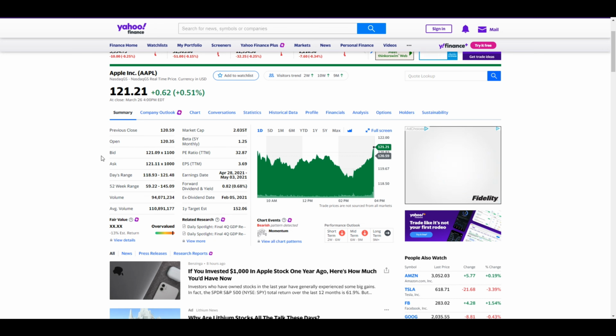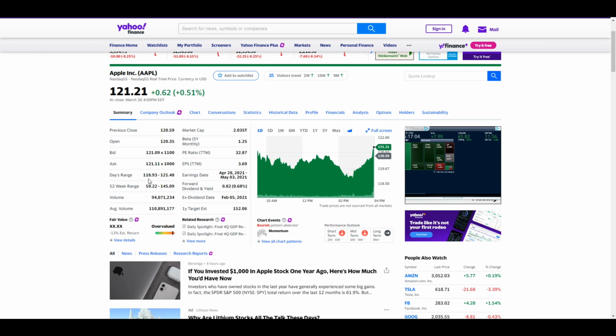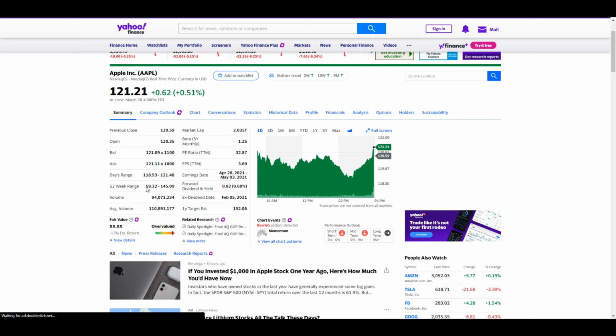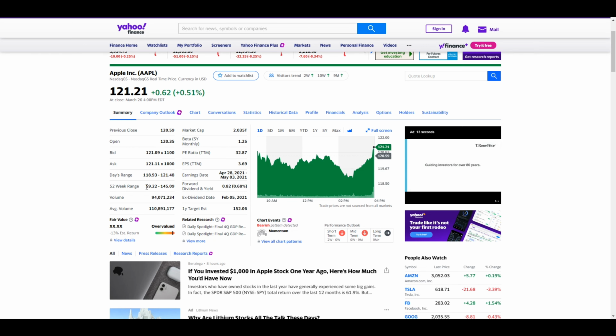Here's the open, the bid, which is the buys, and the ask, which is the selling price. Remember that the market is made out of bids and asks, or buys and sells. This was the day's range, between $118 and $121. The 52-week range is the range of the stock price in the last 52 weeks, or in the last year.